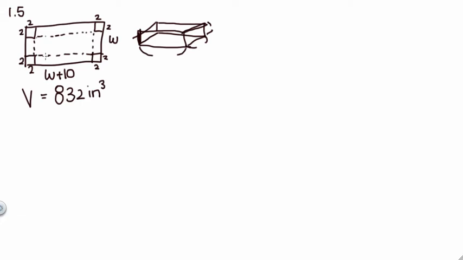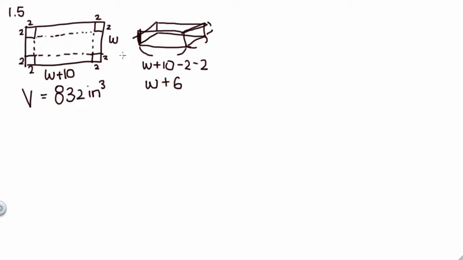So the bottom dimension came from here. So this dimension is going to be W plus 10. But remember, we cut out 2-inch squares from either side. So I have to subtract 2 and another 2 because it's taken off of each side. So the dimension of this part is going to be W plus 6 because it's 10 minus 2, which is 8, minus 2 again, so we have 6.